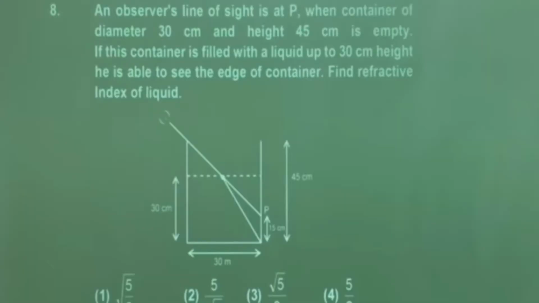So now let us discuss another problem. An observer's line of sight is at P when a container of diameter 30 centimeters and height 45 centimeters is empty. Here this is an empty container, and the observer sees a point P in the container.